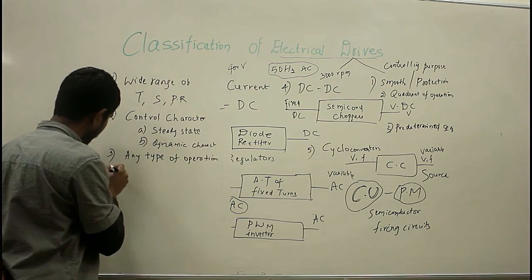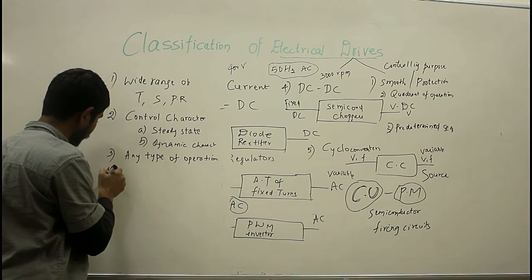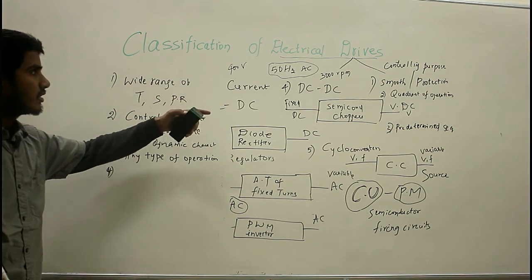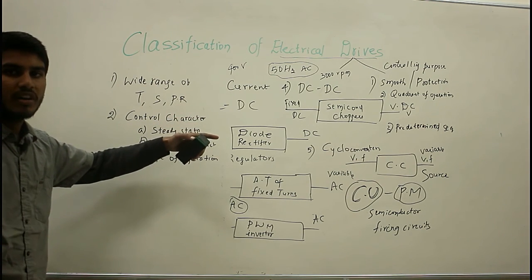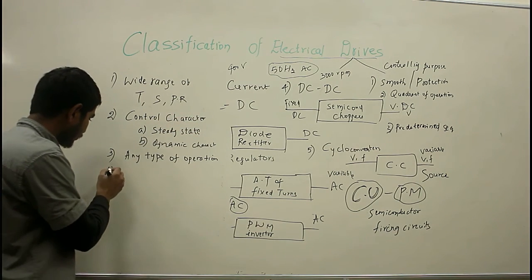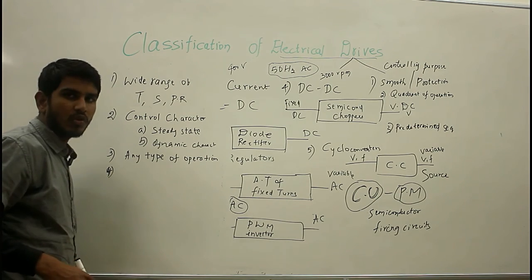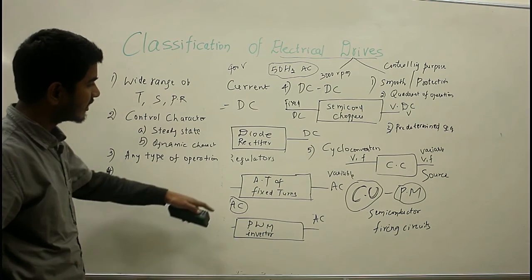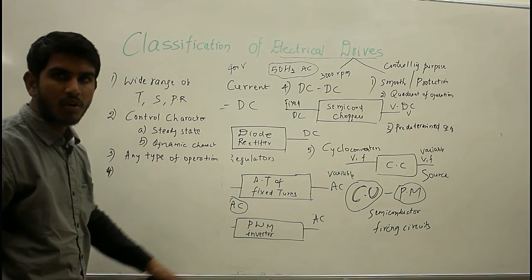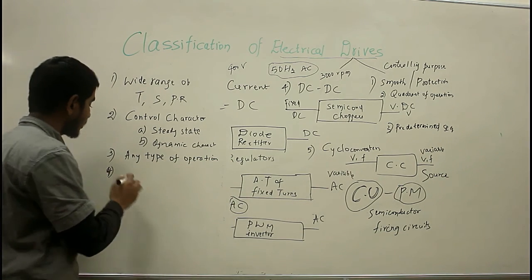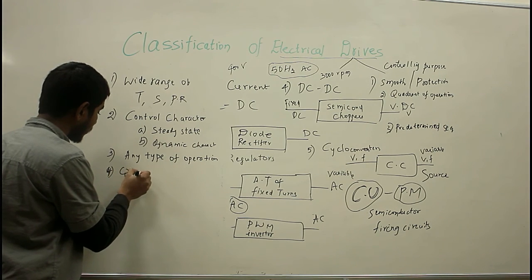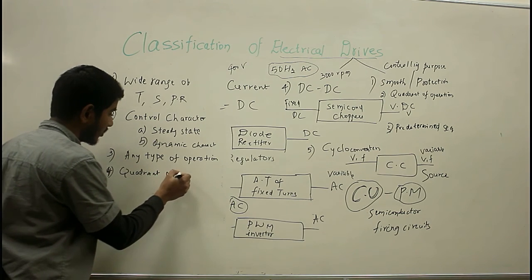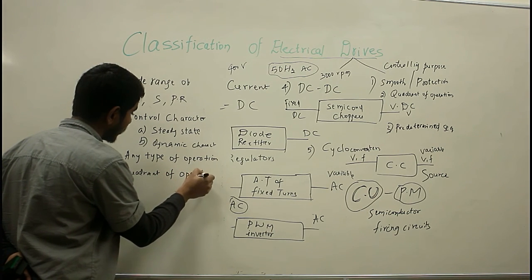And the fourth advantage is they are widely used in multiple quadrant operations. That means during the running condition of the motor, this drive system, which employs switching circuits in the form of power modulators, is used in changing the quadrant of operation in the speed torque plane.